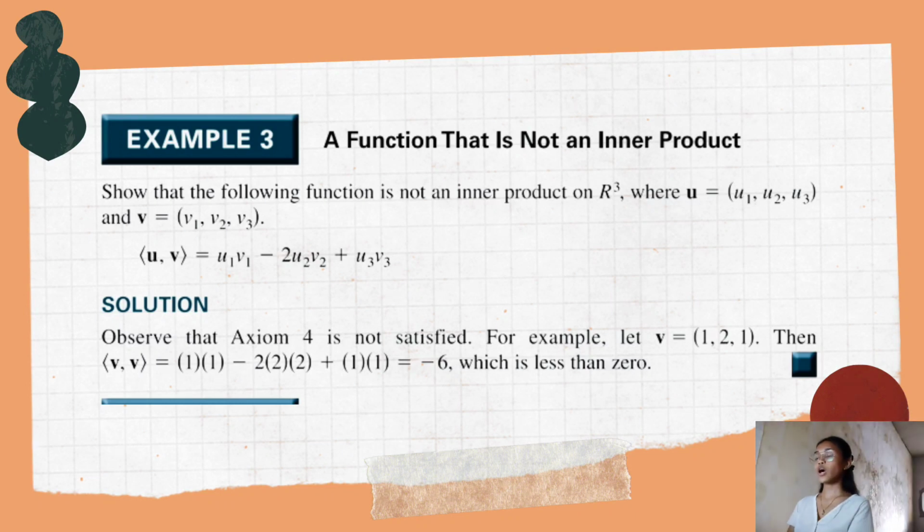So we let b equal (1, 2, 1). Then <b, b> is equal to 1 times 1 minus 2 times 2 times 2 plus 1 times 1. By simplifying, we will get negative 6, which is less than 0. So we can say that the function <u, b> = u1 b1 - 2 u2 b2 + u3 b3 is not an inner product.